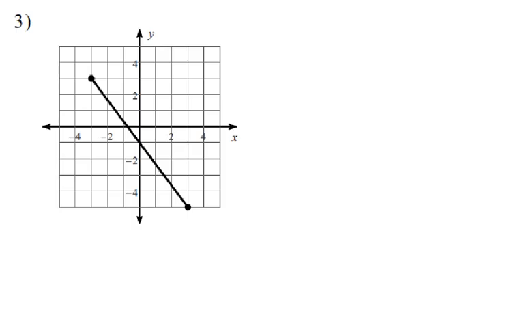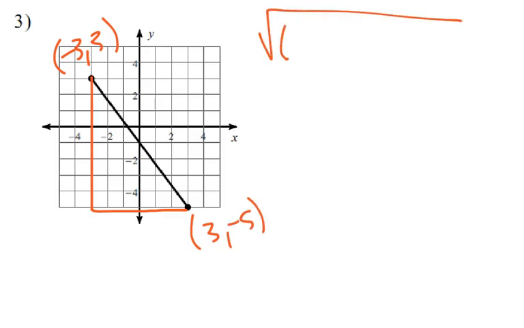For this one, same idea. You can draw the triangle, count the sides, or use the coordinates: (negative 3, 3) and (3, negative 5). So it would be the square root of negative 3 minus 3 squared plus 3 minus negative 5 squared.